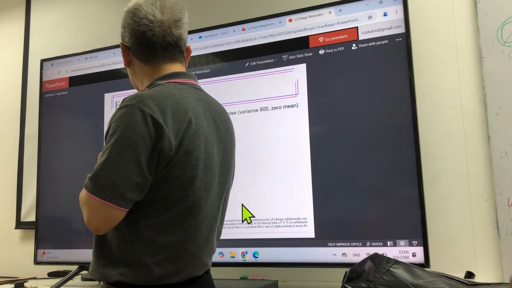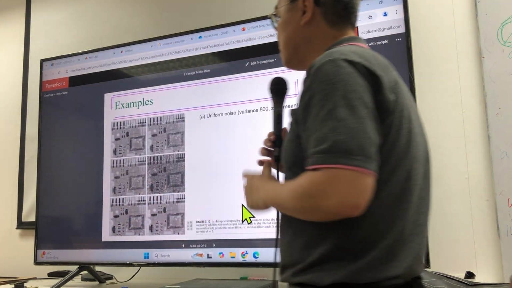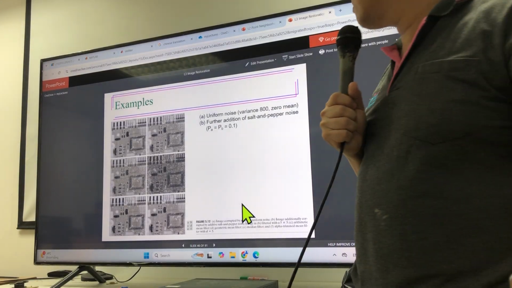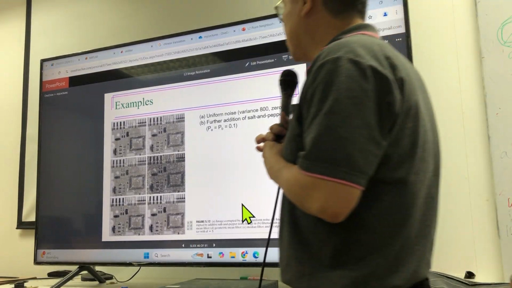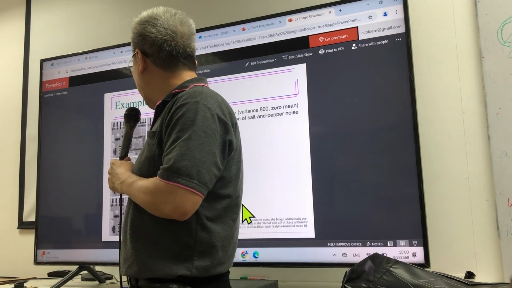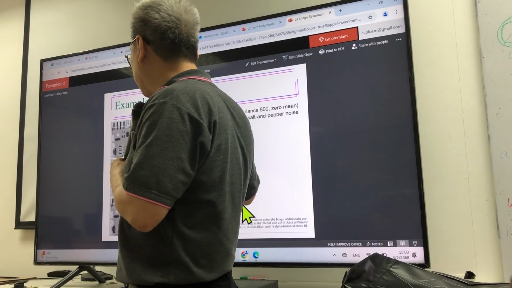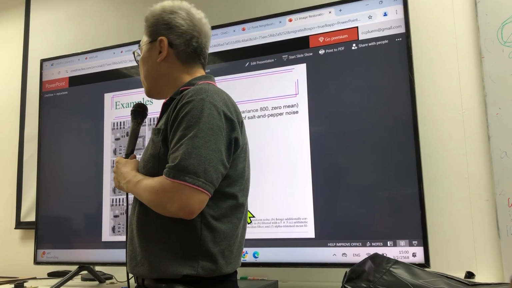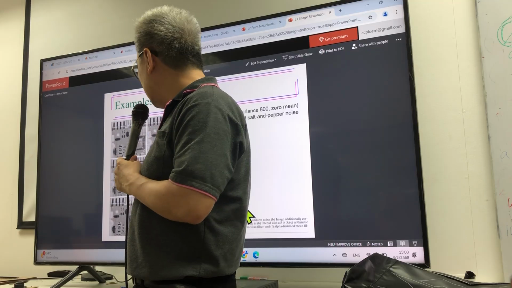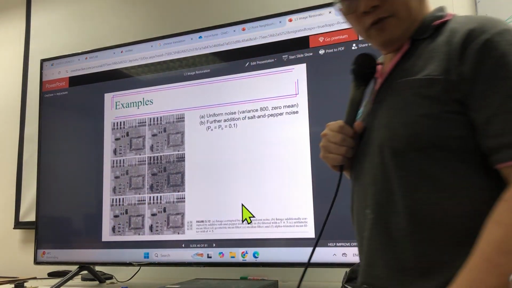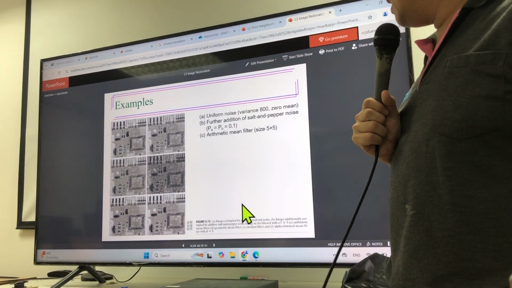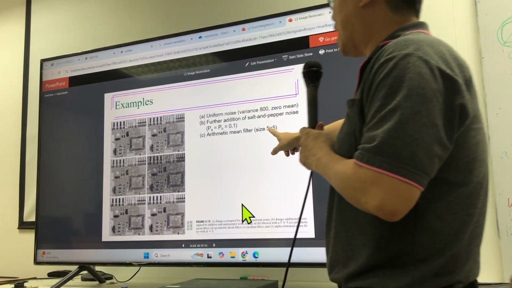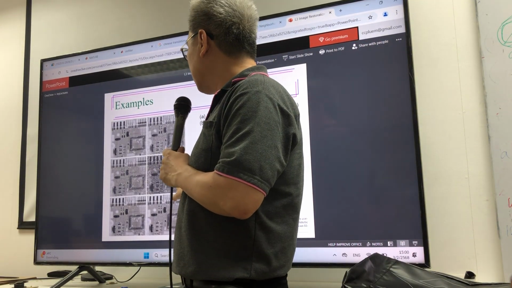So this is what happened. This is the image corrupted by uniform noise, and then further corrupted by salt and pepper noise. So you have uniform noise and salt and pepper. If you use an arithmetic mean 5 by 5, you'll see this one.